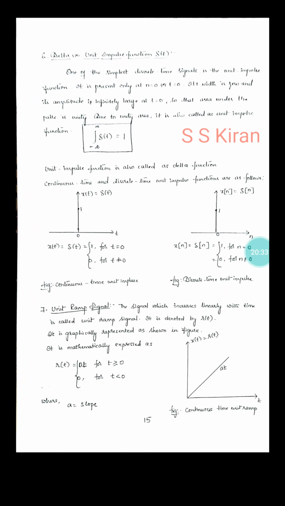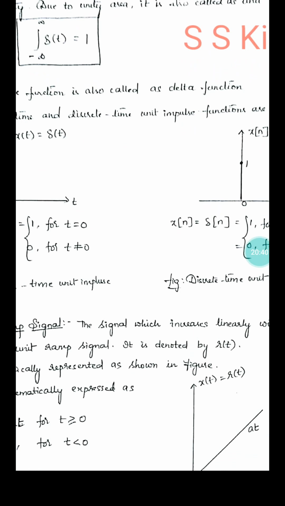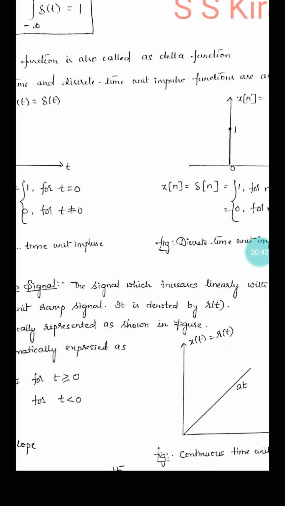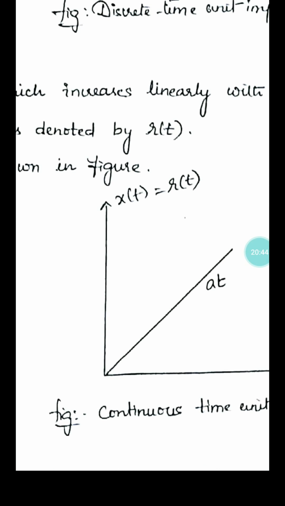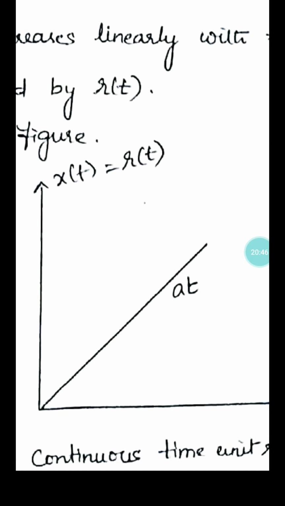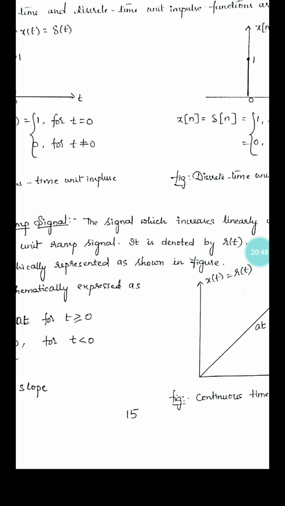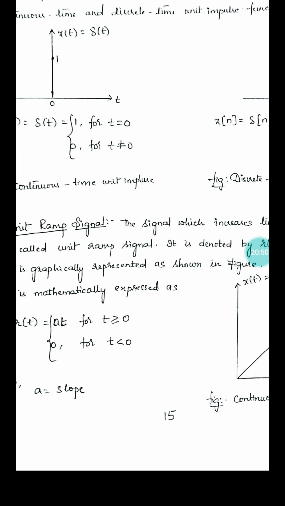Now next, the unit ramp signal. The signal which increases linearly with time is called a ramp signal.